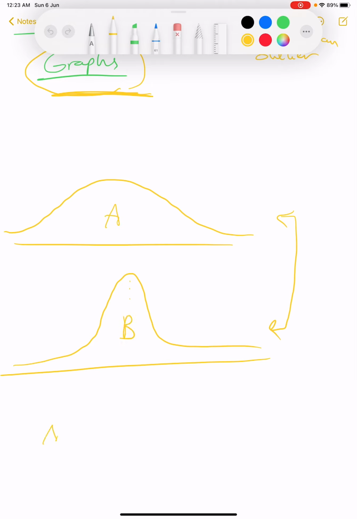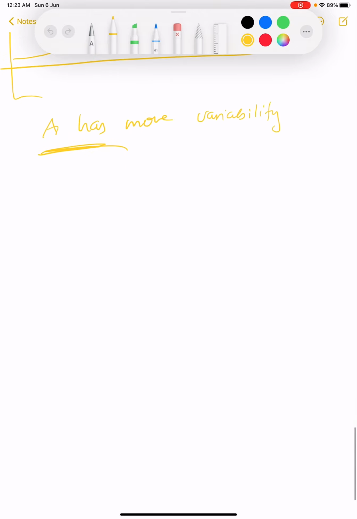Well, A has more variability. Why is that? Because A is more spread. This one is narrower, this one is wider, so A is more spread. I just wanted to highlight this point, and that's the end of this video.